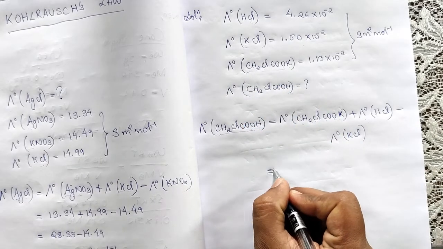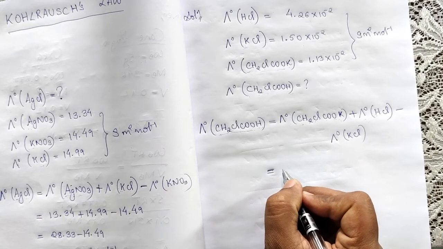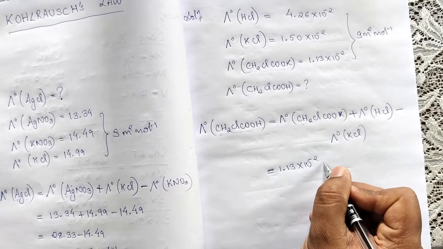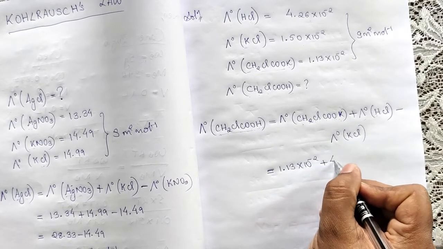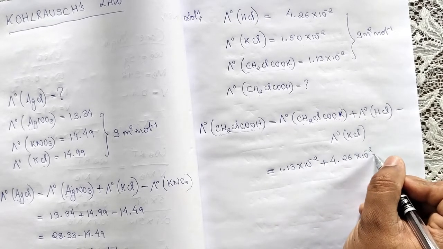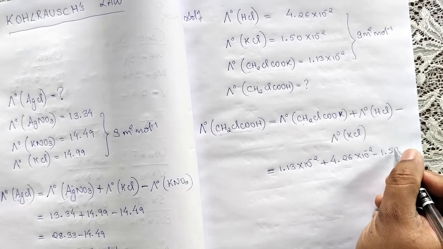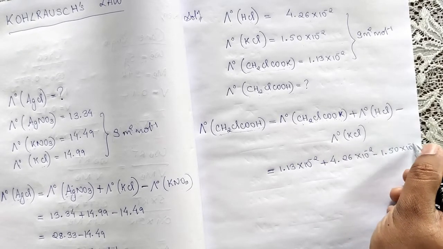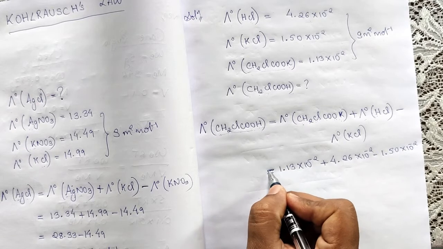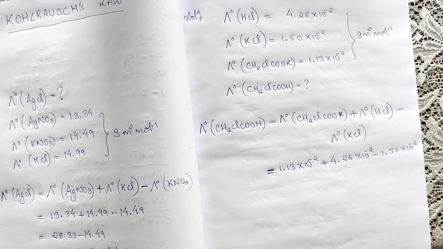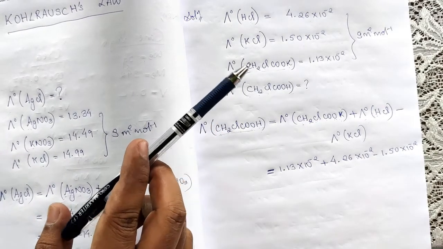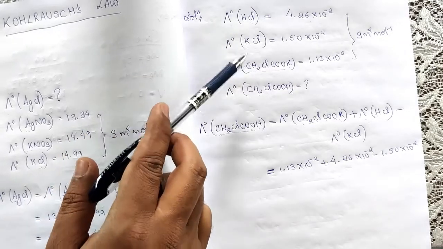So now you can write down the values again. So in simple way, if you want to know, just remember you're going to add two electrolytes and subtract one.